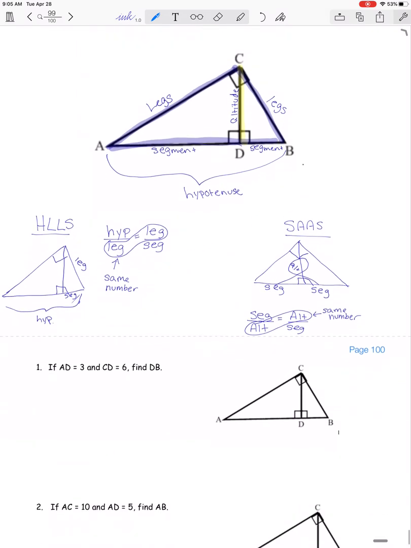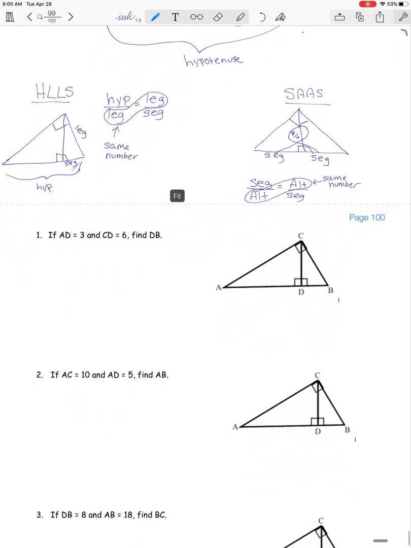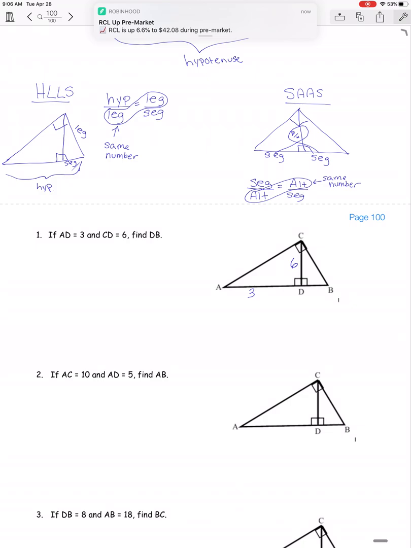So let's take a look at an example. Example number 1, if AD is 3, CD is 6, find DB. So when it says find, you want to make sure you put your X there, so this way you know what you have. So I know I have an altitude. Since I have an altitude, I'm going to be using SAAS.